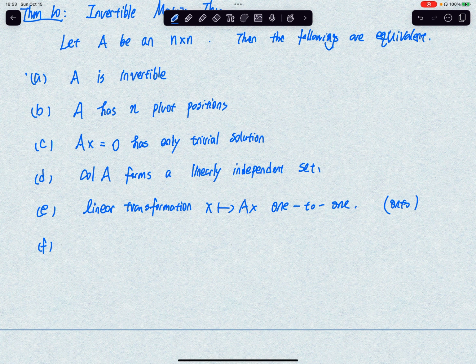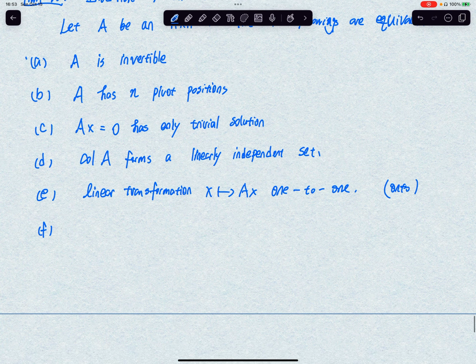And by saying it is 1 to 1 and onto, we mean it is bijective. And next is that the equation Ax equals b has at least one solution for all b in F^n.